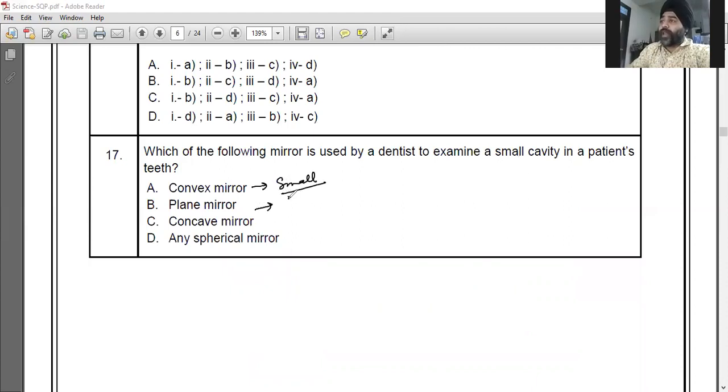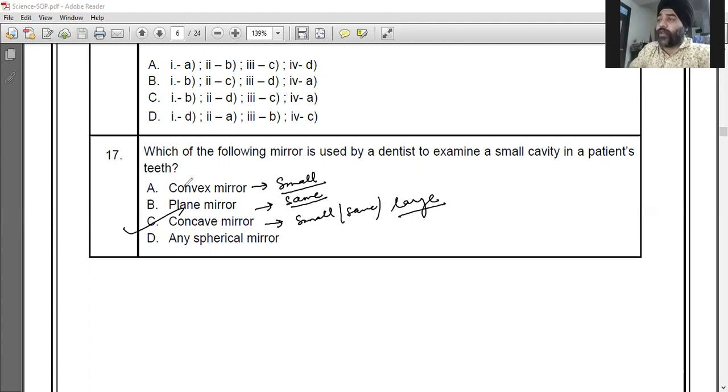Plane mirror forms a same size image, and concave mirror can form a small size image, same size image, and large size image. Here dentists want to see that cavity properly, so they should use the mirror which can produce a large image. So definitely the answer will be concave mirror. So the correct option is C.